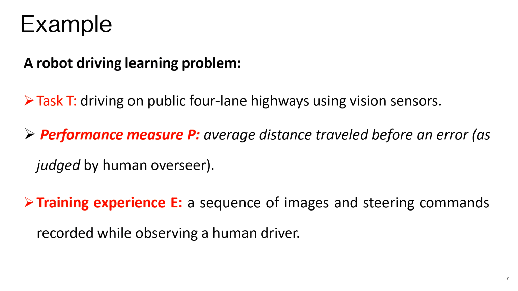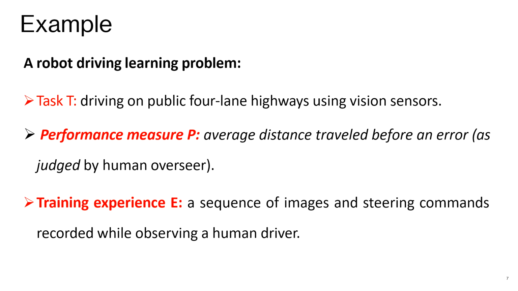Let us understand task, experience, and performance using an example of a robot driving system. Imagine that we want to develop a robot or autonomous vehicle that can drive on a public 4-lane highway.